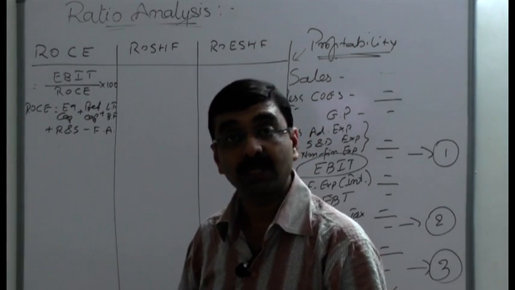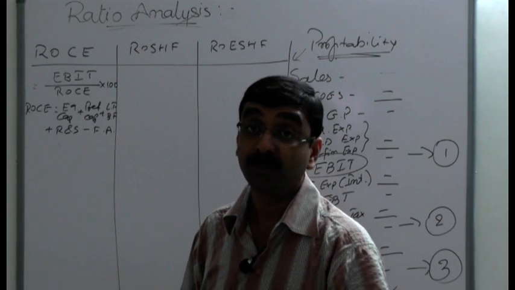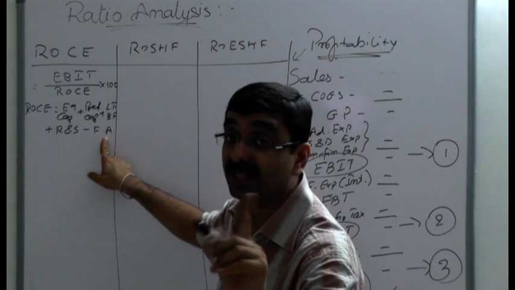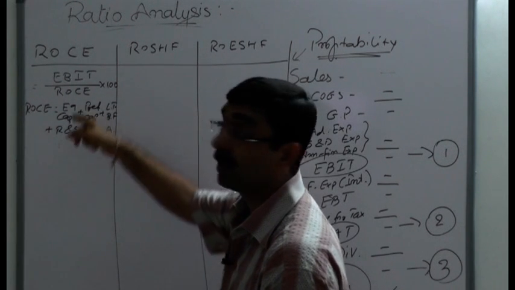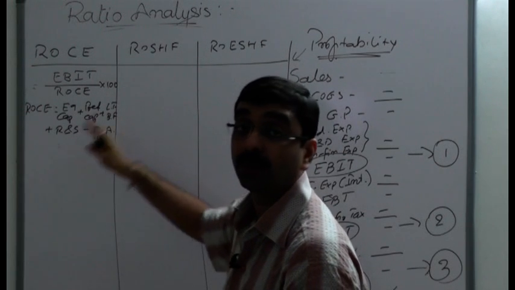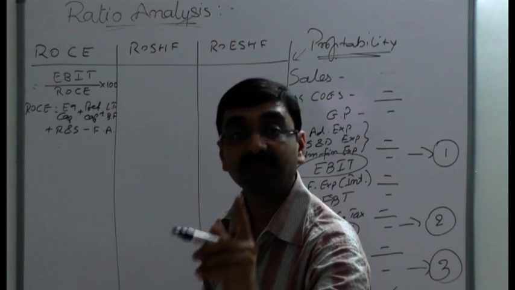It is an expense which is not written off in one year. It may be written off over a number of years, and that is why we show it as a fictitious asset, but it is not an asset. That's why it would always be deducted whenever you find out your capital structure and capital employed. Not only capital employed, but also in shareholders fund and equity shareholders fund, fictitious assets are deducted.